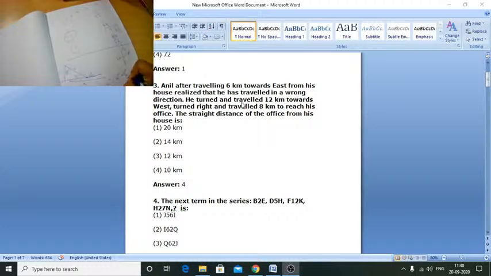So 6 plus 8 will be 14 square. Sorry, 6 plus 8 will be 14, so square root of 14 will be the answer.